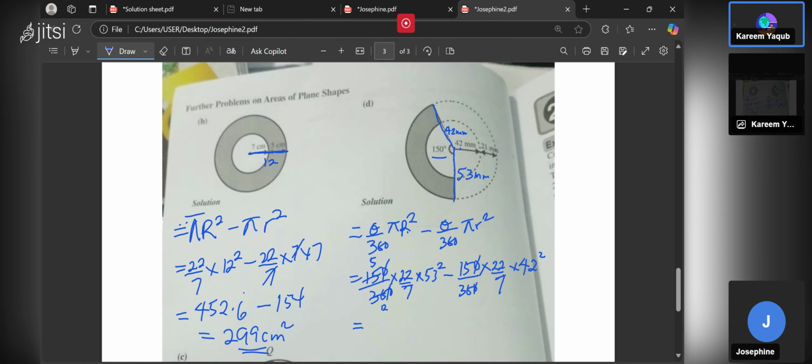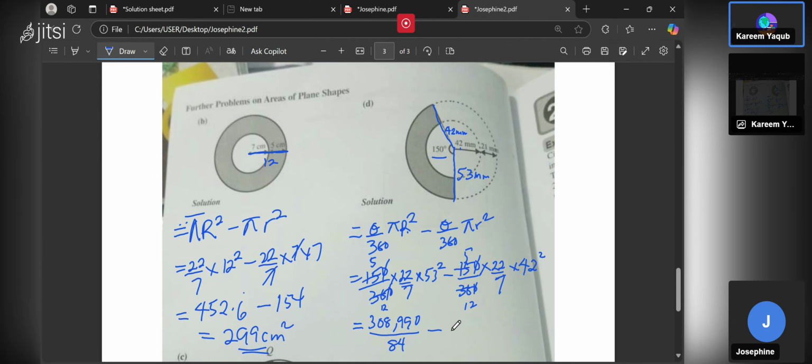So let's use our calculator. 5 over 12. We're going to have 5 times 22 times 53 times 53. This gives 308,990 divided by 12 times 7. 12 times 7 is 84, divided by 84.